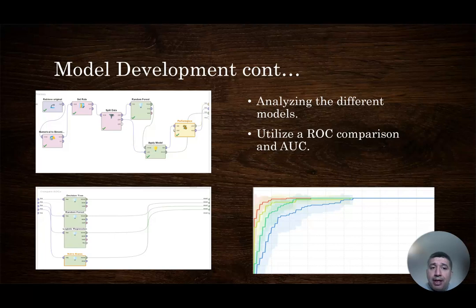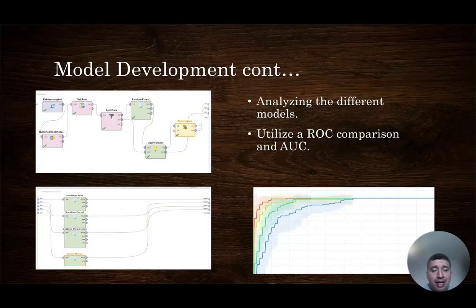There are many different types of regressive models, decision trees. There are different types of models that we could use. So what we did here to accurately use the best possible predicting model is we use what we call a raw comparison. And what that does is we can use as many different models as we want and see which one is the likely accurate one that we would want to use for this model.